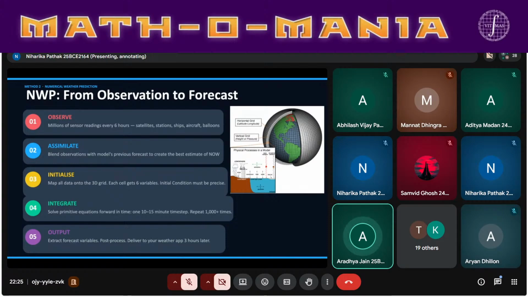So how do we start all this, where do we begin? First, let's look at the image. In that image, you will be able to see the grids. What do these grids do? We map all the data which we have gathered before, and plot it all in these 3D grids.